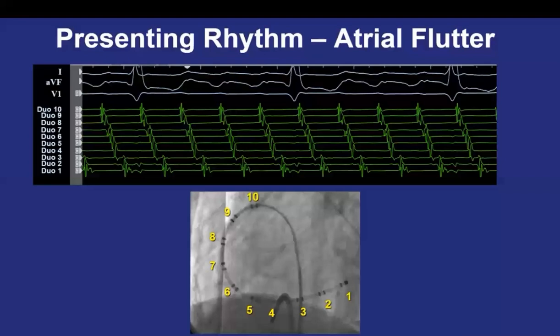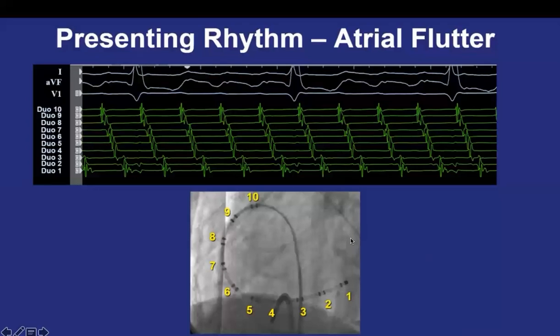The first activation is in the high right atrium, or the junction of the SVC with the right atrium. Then the lateral wall, and then down to the tricuspid isthmus. Then back to the last activation in the left atrium.